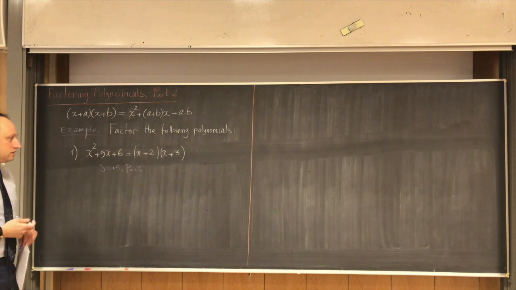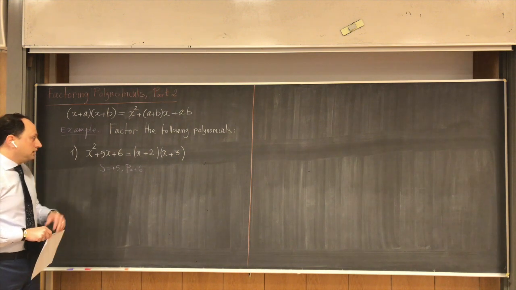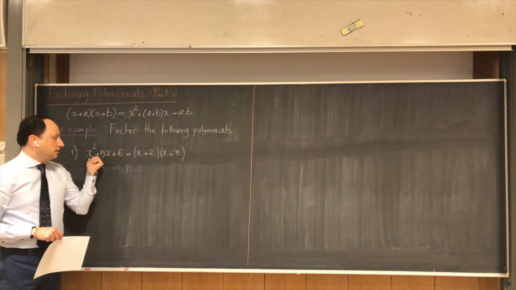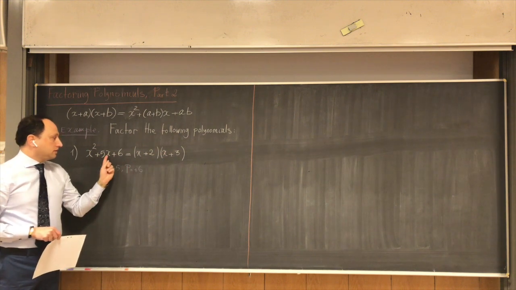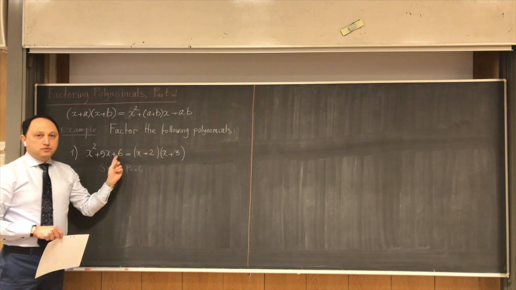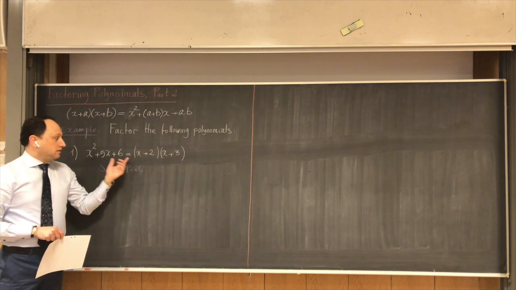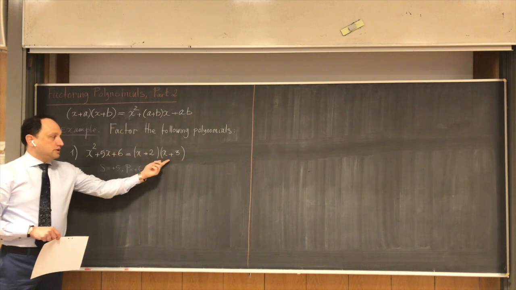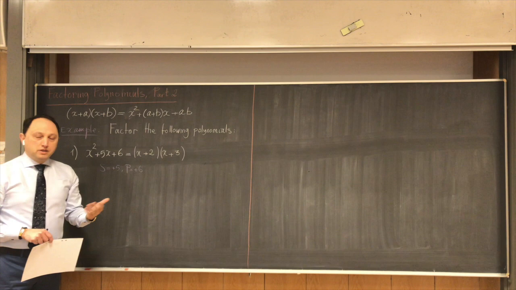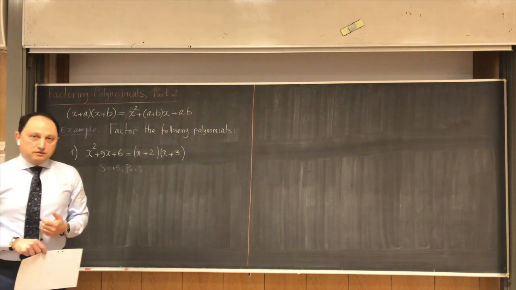So that is a factorization of my polynomial. If you multiply these two brackets, you get x squared, plus the sum of these two numbers multiplied by the common factor, and then the product of these two terms. On the other hand, this expression is equal to this expression, and this expression is in product form. So it means that I have done the factorization.